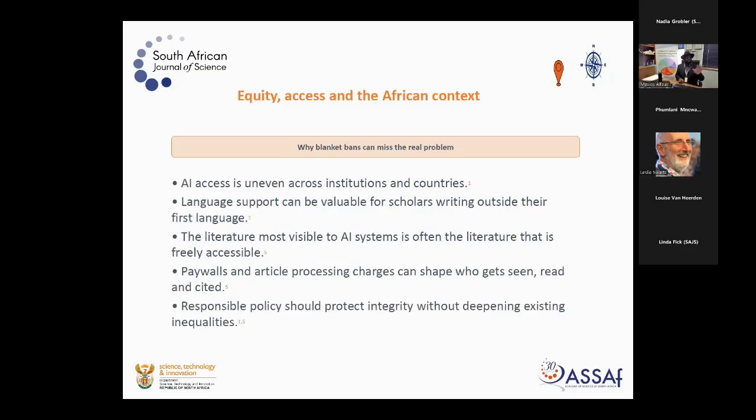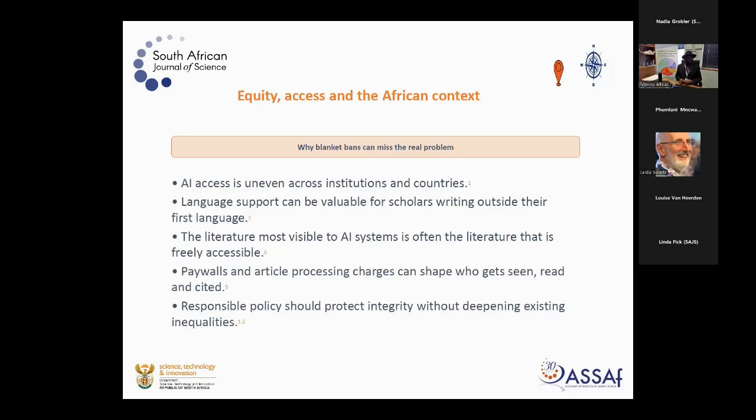So again, equity, access, and also the African context. As already said, AI access is uneven across institutions, maybe because of subscriptions, countries, and financial resources. Of course, AI can also be very useful, especially for authors writing outside their first language, where English is not a first language.